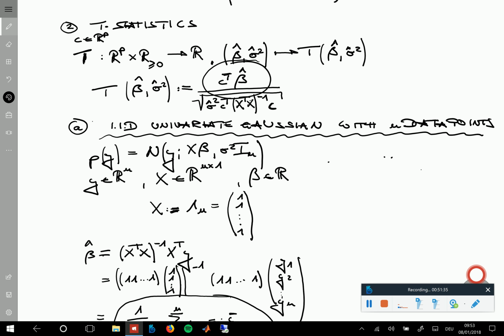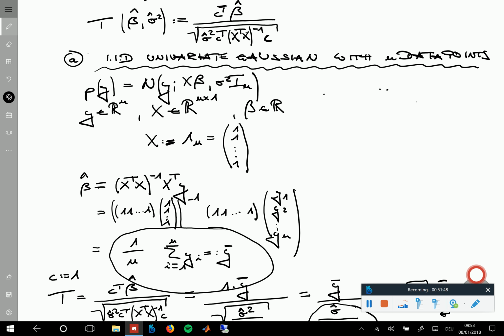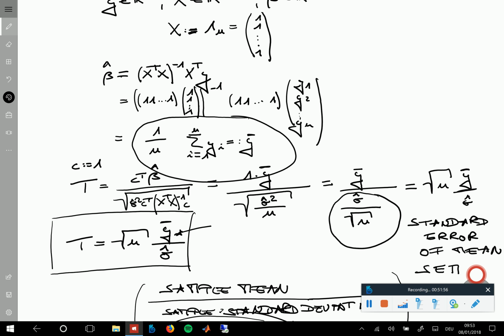Can you maybe explain, in your example you set the C to 1, so what does it mean in this case? It doesn't mean anything. We could also set it to 2, but then we would have 2 in the denominator and the numerator, and that would cancel out. It's more a kind of dummy thing.